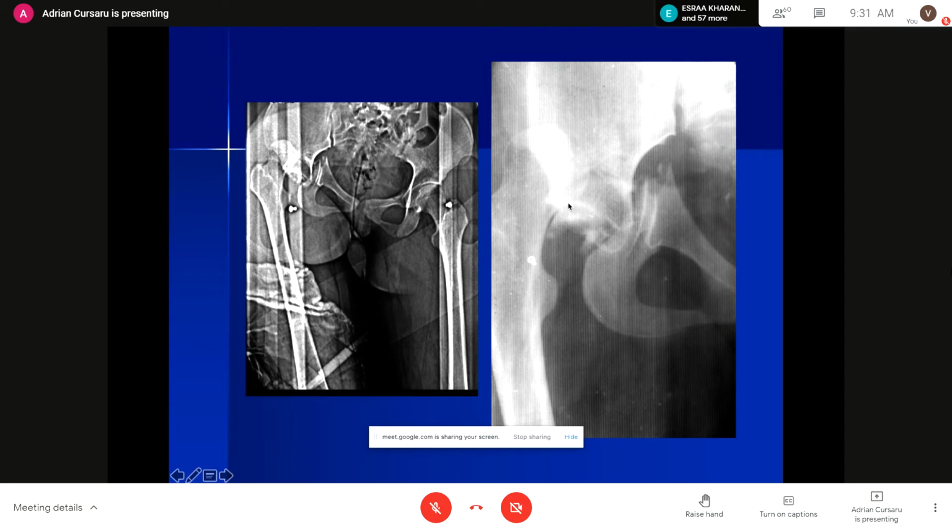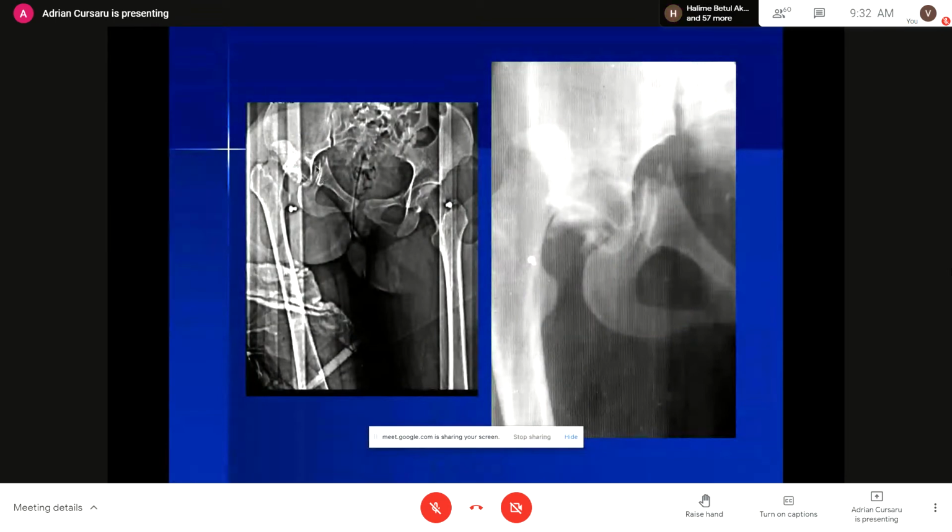The other problem in that type of lesion is that there goes an important vessel into our femoral head for nutrition, and you will have a problem with that vessel. So the most common complication for that type of lesion will be hip osteoarthritis.